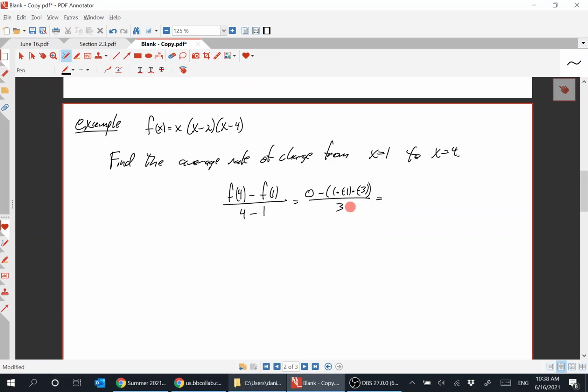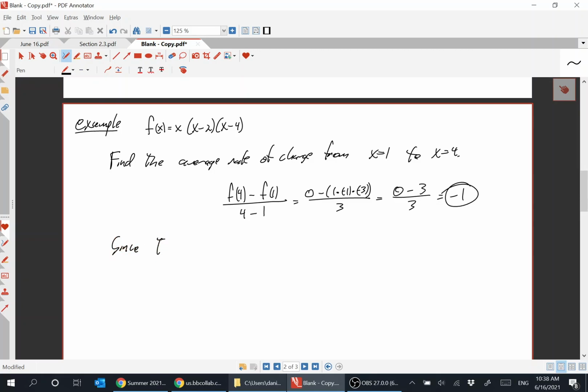So this is equal to 0 minus, and the product is positive 3. So it's just 0 minus 3 over 3, so it's minus 1. So minus 1 indicates that the function has decreased over that interval from 1 to 4.